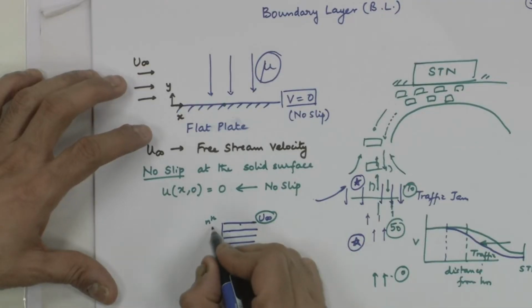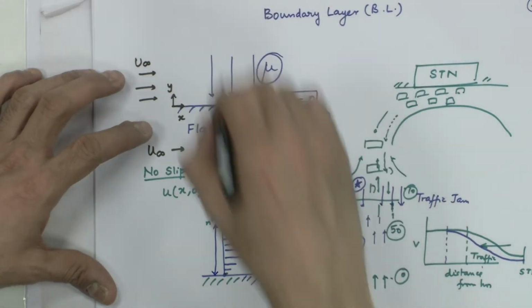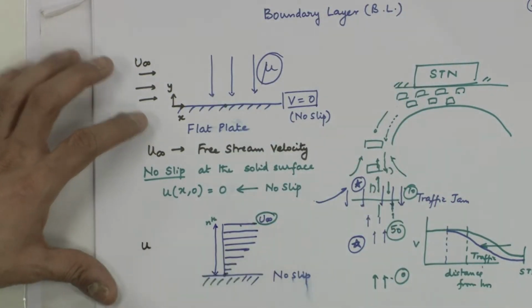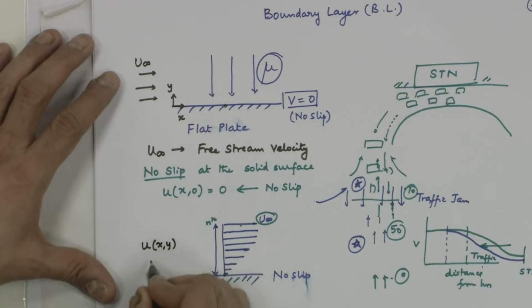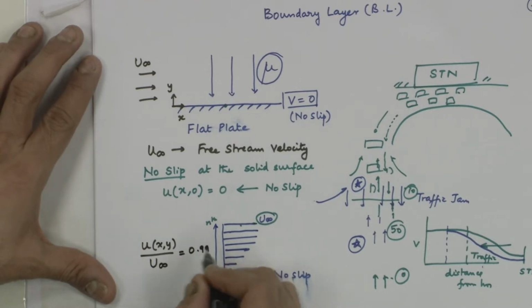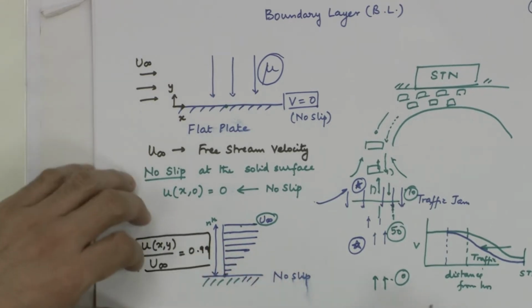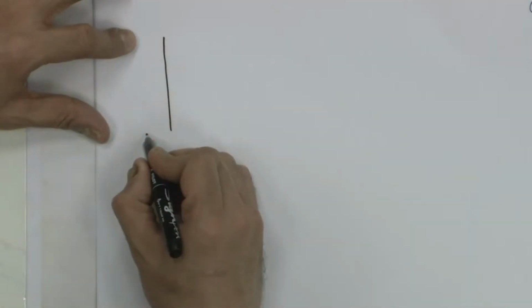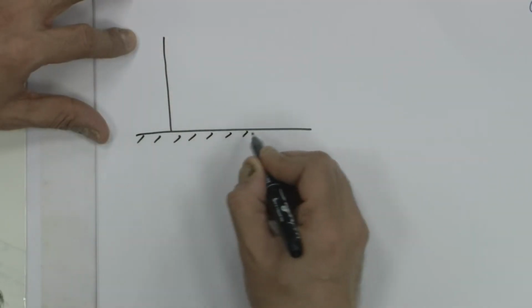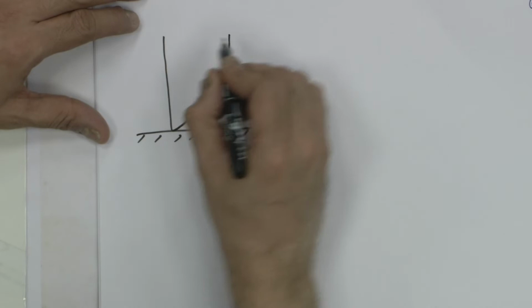Am I clear? Now, this location at which the local velocity u(x, y) divided by u infinity is 0.99. Typically, we do not like to have anything as 0 and 1, we like to have it asymptotically going to 1. So, if I expand this diagram for you, this is the flat plate, this would be the profile.